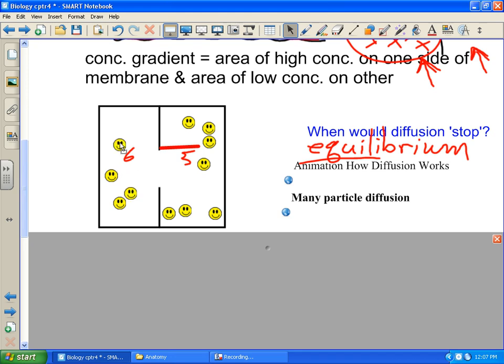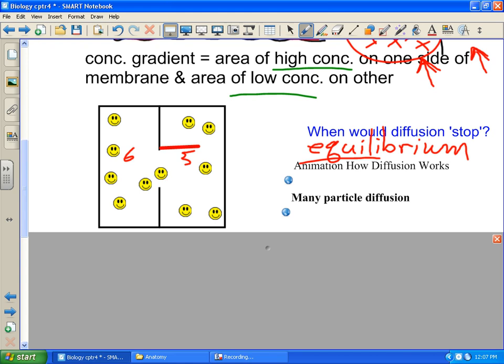And they're going to find that door, just happen to go through, boing. And eventually you're going to end up with something that is roughly equal. And that's when diffusion stops. Diffusion stops when you no longer have a high concentration or low concentration. It's just balanced.